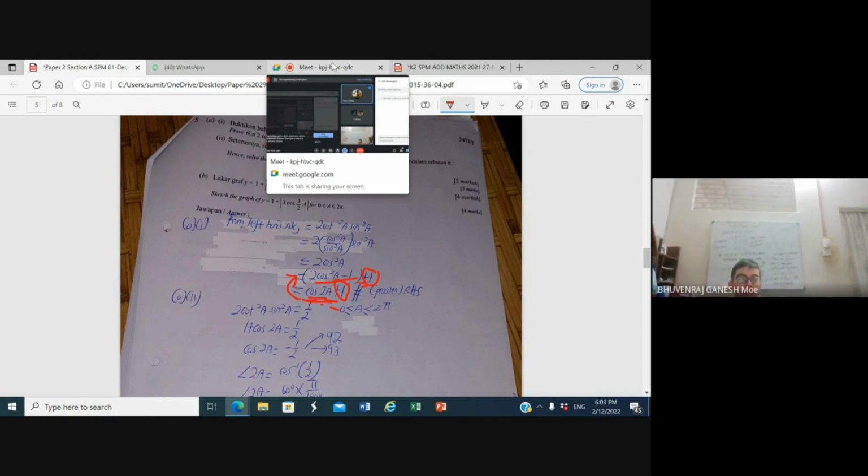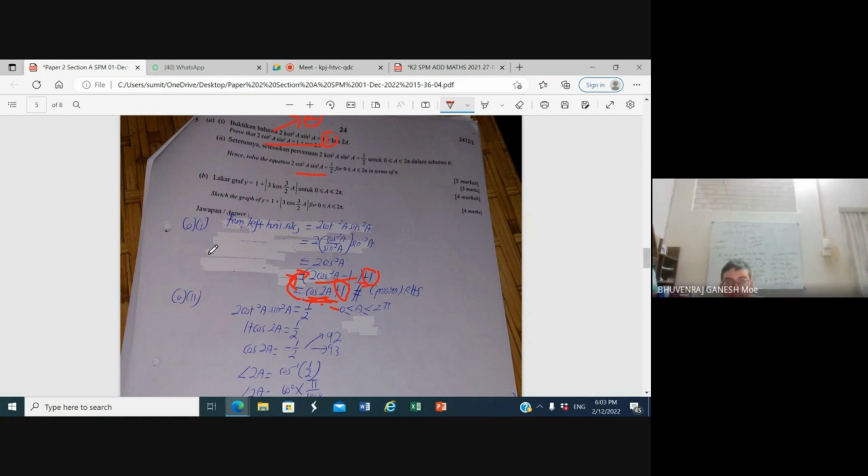Cos 2a is just cos square a minus sine square a. No, I mean this one, this cos 2a. Oh, not cos square a, cos 2a. There you see, you got here 2 cos square a minus 1. So I put here 2 cos 2a minus 1.